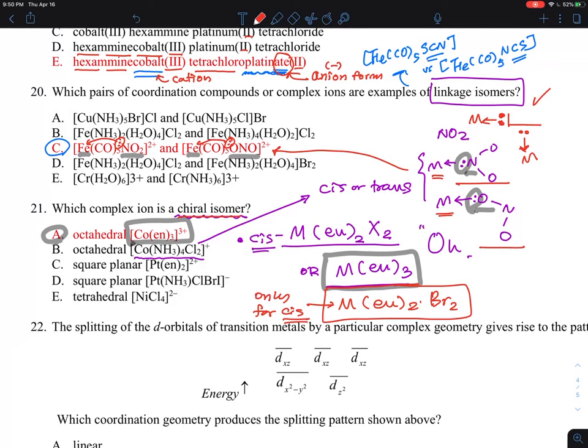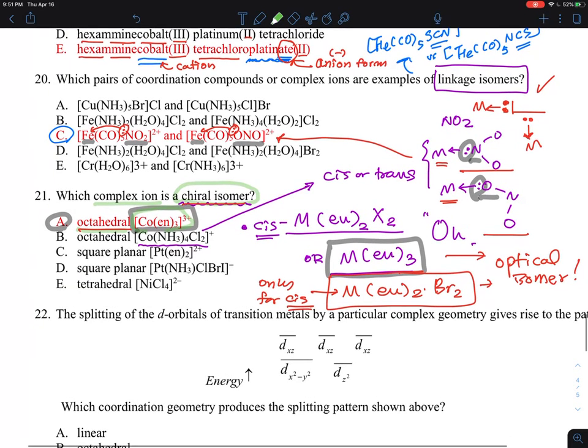If somebody has a cis octahedral, they can both have an optical isomer. So which complex ion is a chiral isomer, optical isomer? Octahedral, the one with 3 ethylenediamine, is the one that can form the chiral isomer.